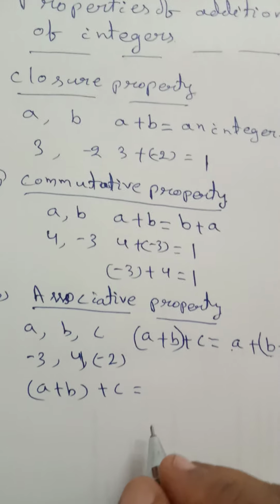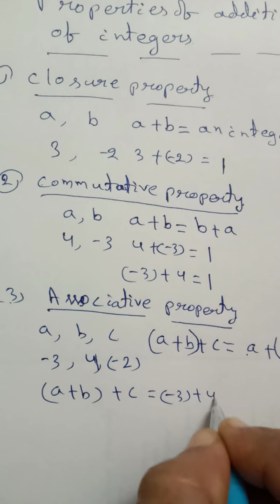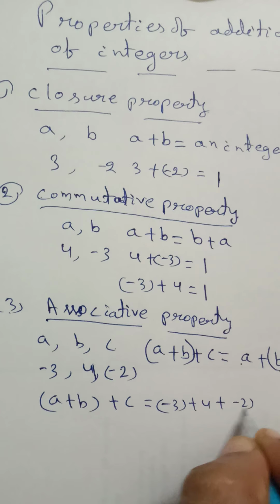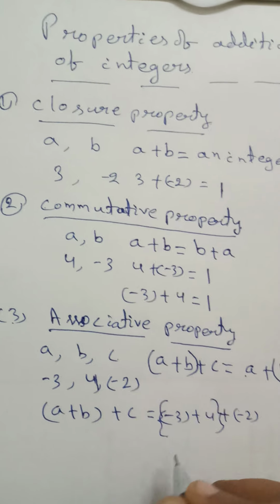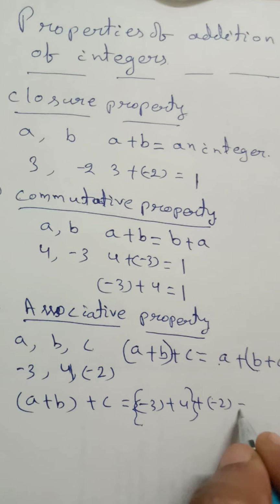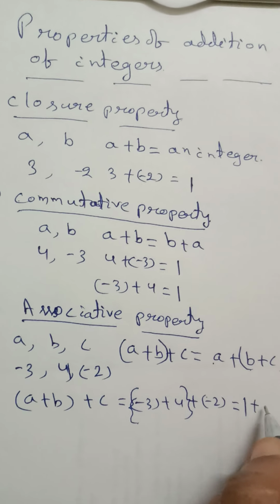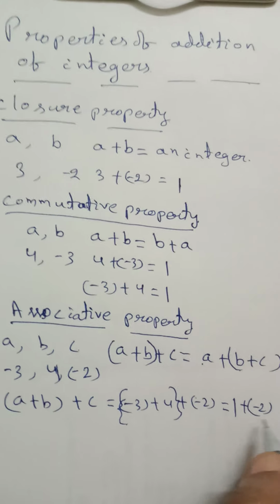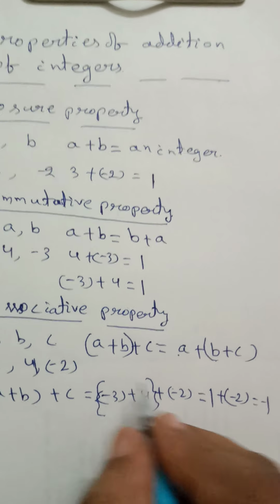Minus 3 plus 4 plus minus 2. Here we keep the bracket, so first these two we add. Minus 3 plus 4 gives 1, plus minus 2. 1 plus minus 2 gives minus 1. This is the left side.